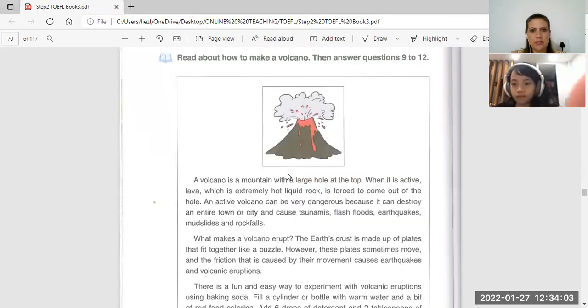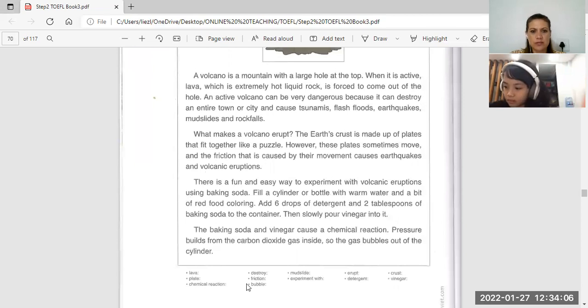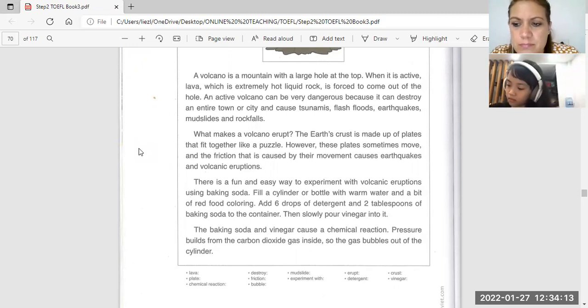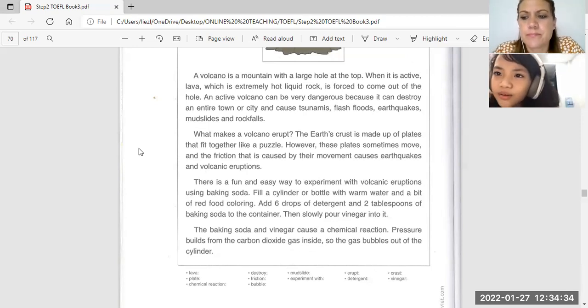Okay, now we're going to read about the volcano. Let's read here. A volcano is a mountain with a hole at the top.